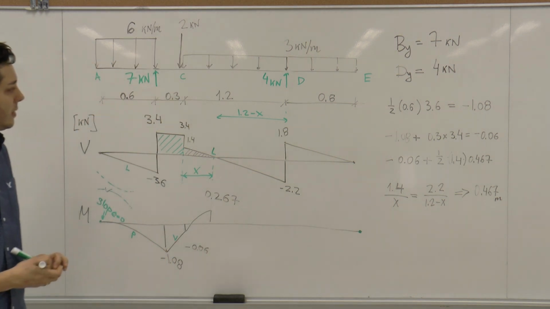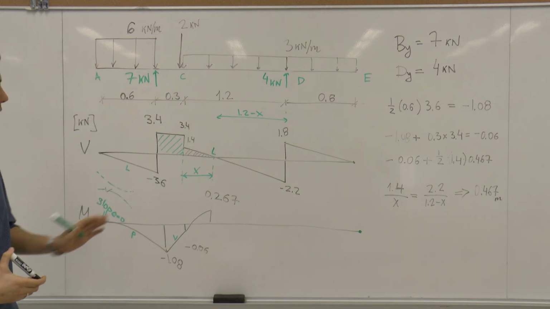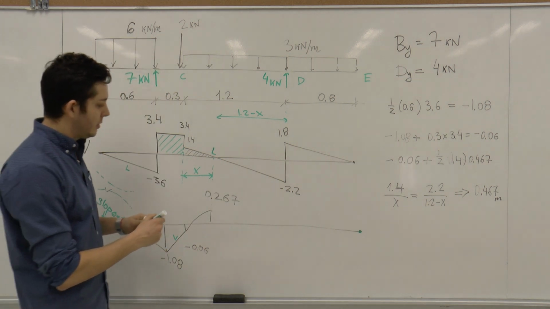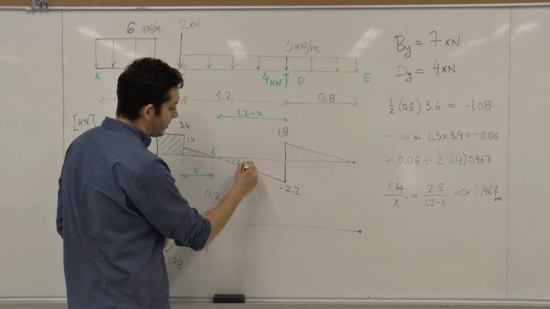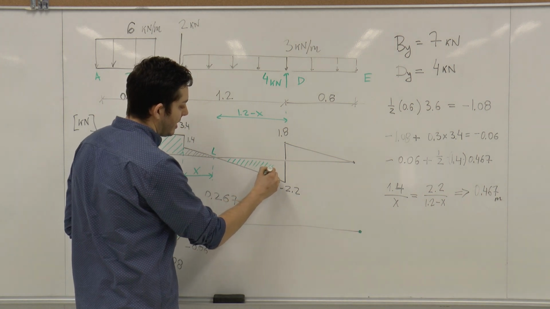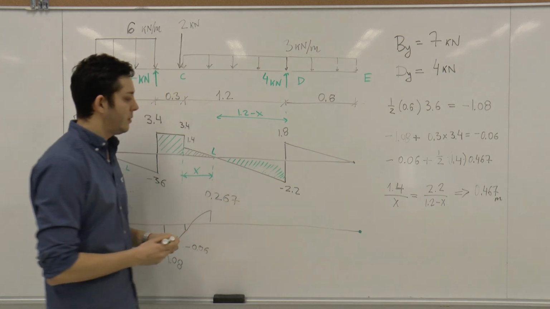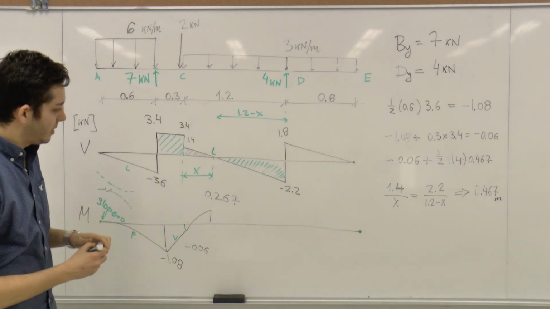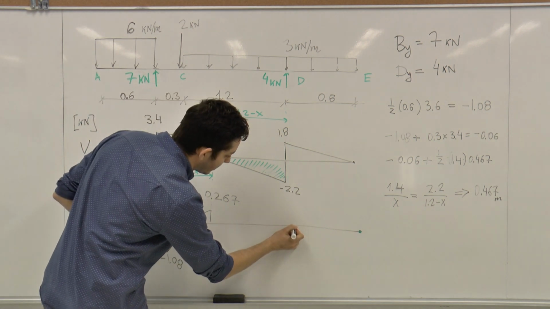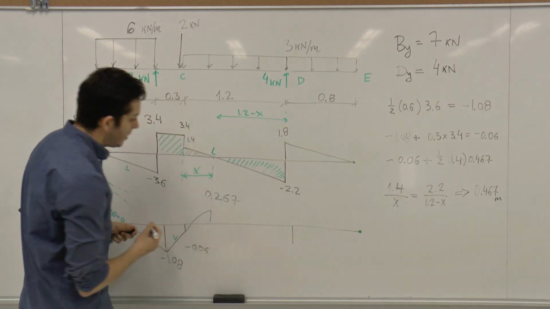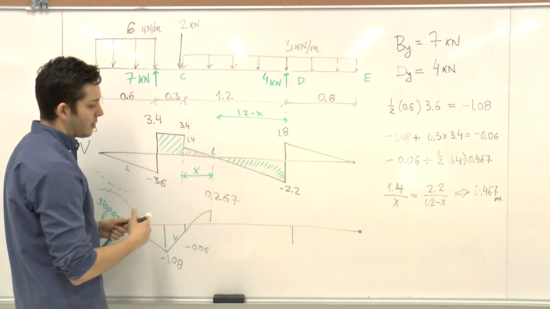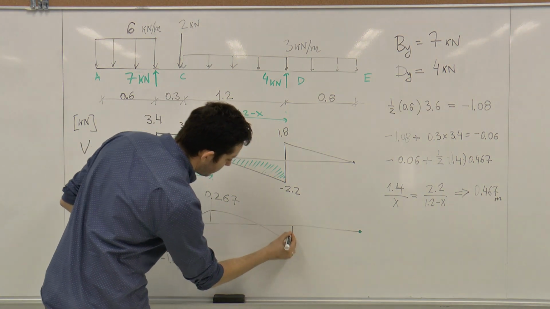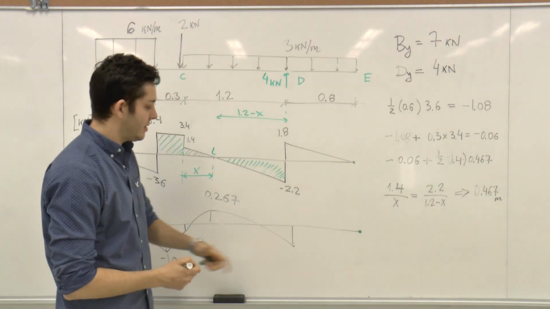Great. Next value that we want to find, the moment at point D. Now we need to take this area, but because the shear is negative, we're going to take it as a negative value. So we want to find what is the moment here. And of course it's linear shear, it means that it's going to be parabolic. Let's say something like this, and we want to find this moment.